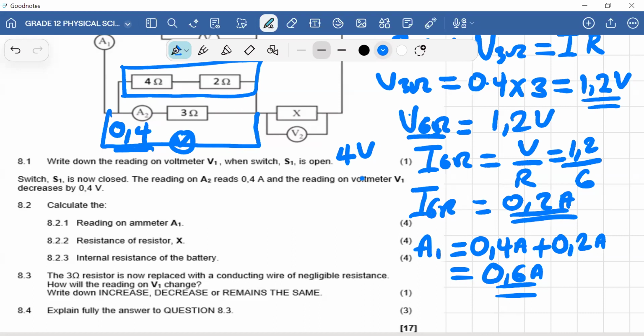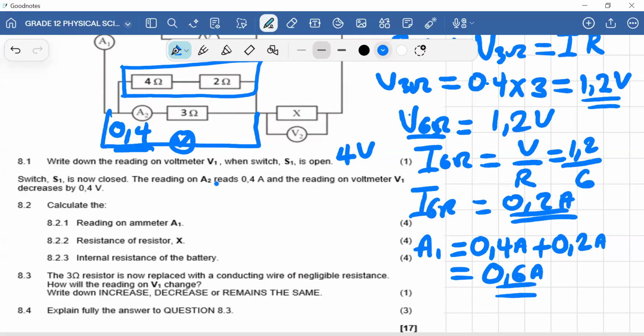All right. Also, there is another way which I see to be easy to calculate the current that goes through the 6 ohm resistor, that is the 4 ohm plus the 2 ohm resistor. Now in terms of ratio, we know the currents and the resistance are inversely proportional.